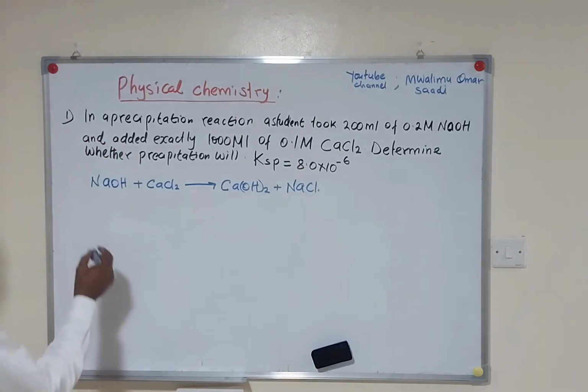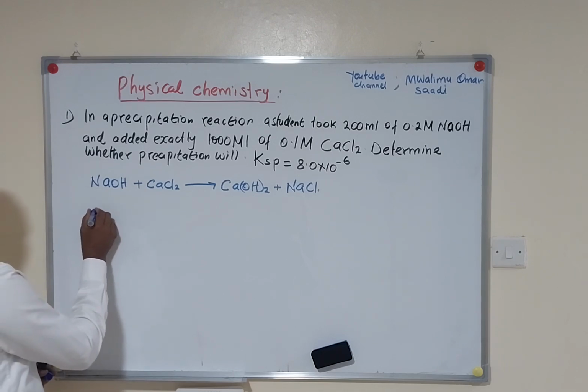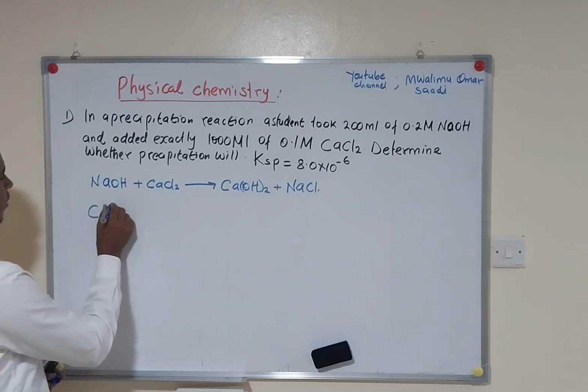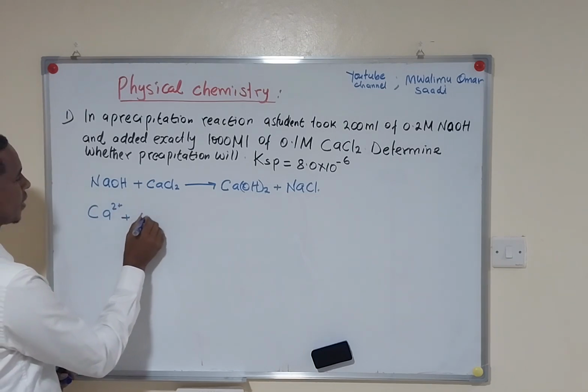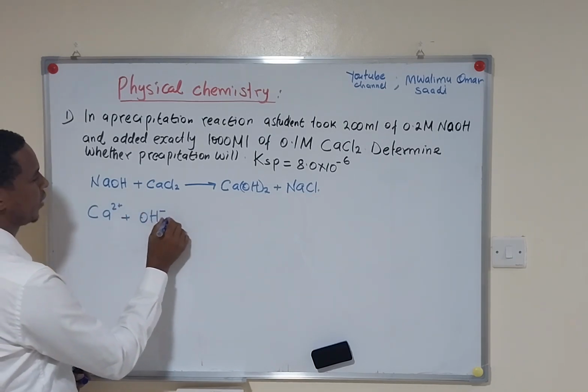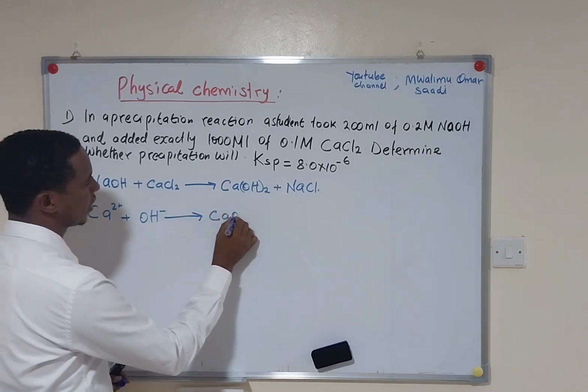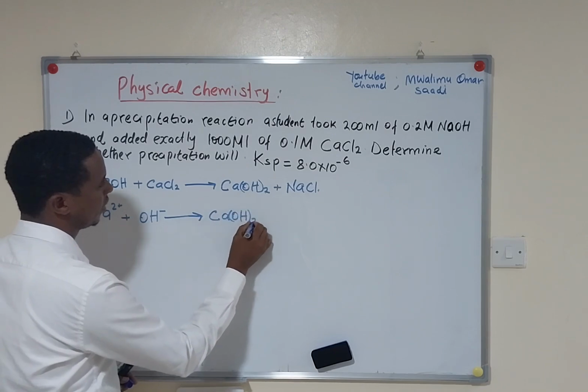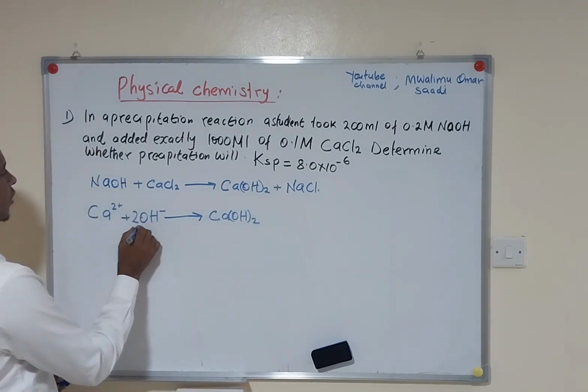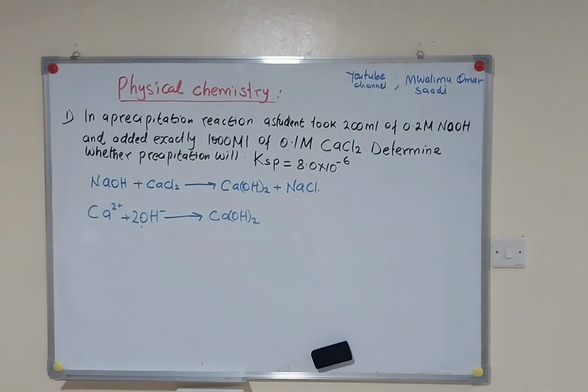So our ionic equation is calcium ion plus hydroxide ion forms calcium hydroxide. So that is our ionic equation.